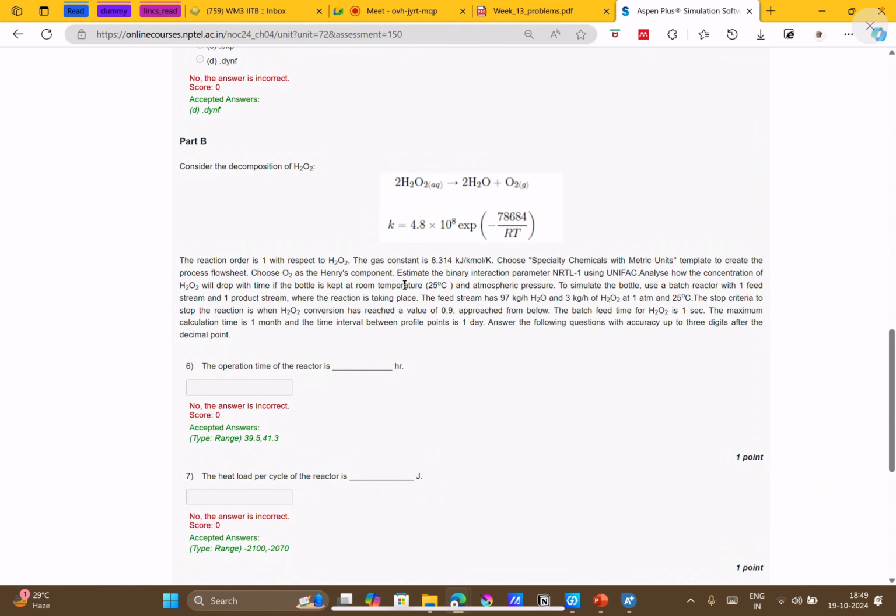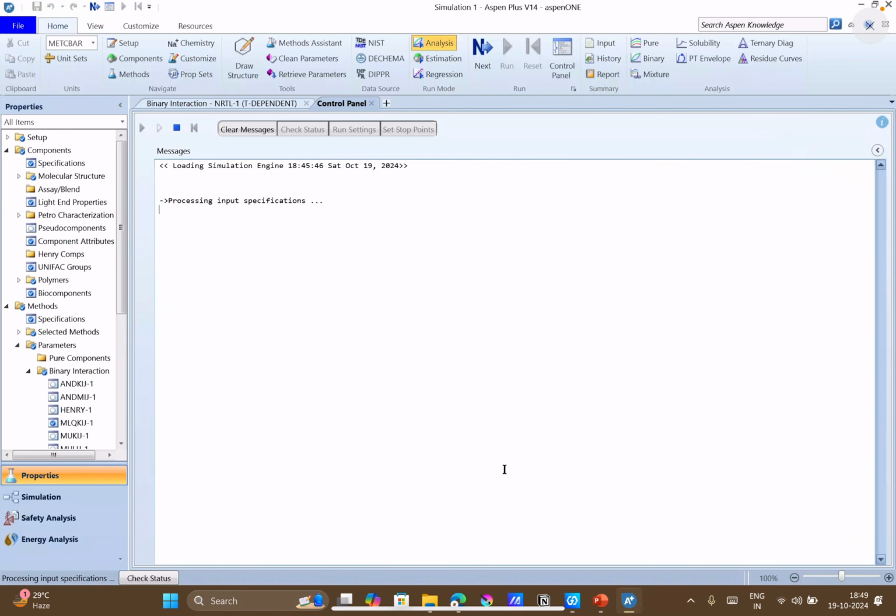I don't understand what they mean by choose oxygen as Henry's component. This I have to see. We have this option of Henry components. So let's see.